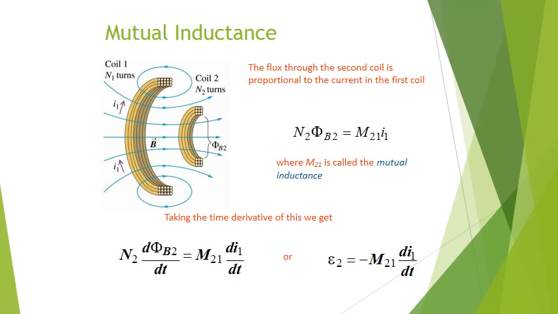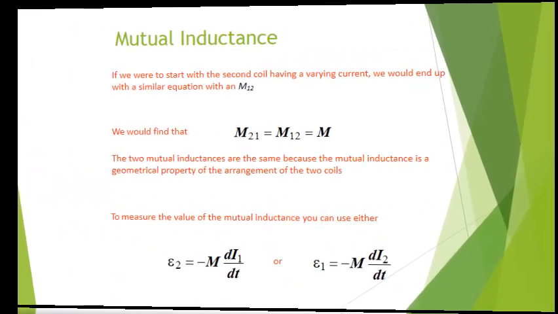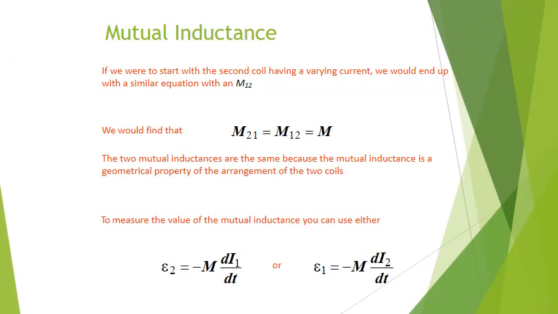That is, M21 I1 equals N2 ΦB2, where M21 is called the mutual inductance. By this, we have N2 dΦB2 by dt equals M21 dI1 by dt. Thus, the mutual inductance M21 equals M12 equals M, if k is equal to 1.